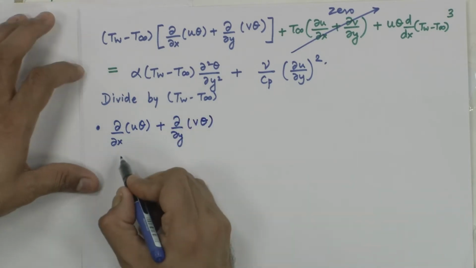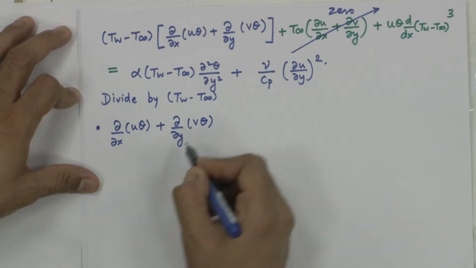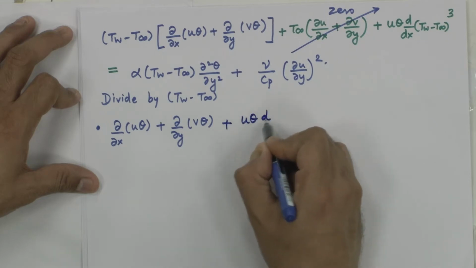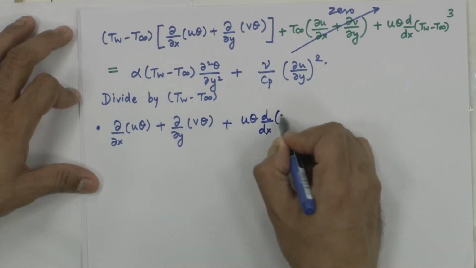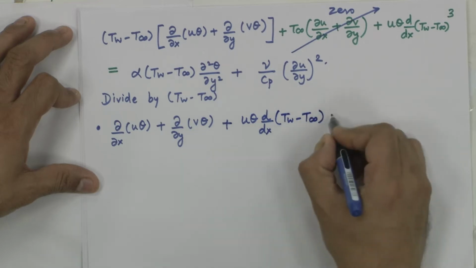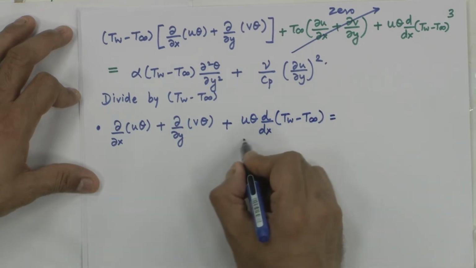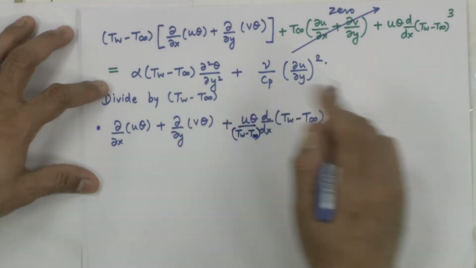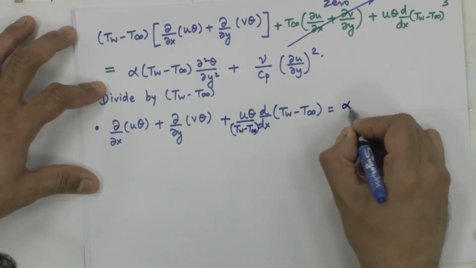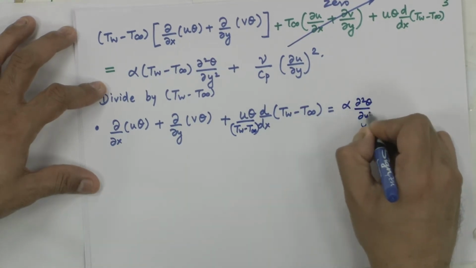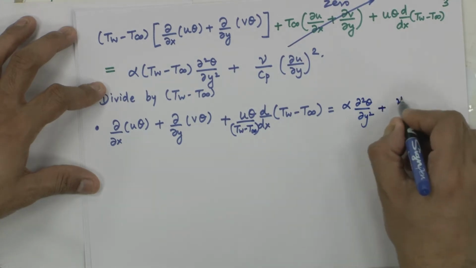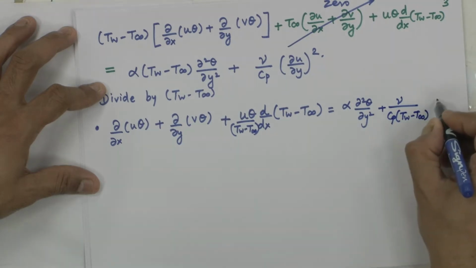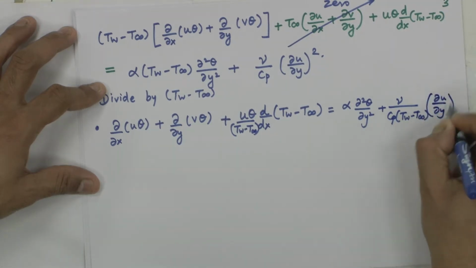What was there? d by dx of uT, d by dy of vT, exactly the same form. We have an additional term which represents the effect of the wall temperature being a function of x. On the right hand side, Tw minus T infinity will cancel. So, I will get alpha d squared theta by dy squared plus nu over Cp, Tw minus T infinity, du by dy whole square.